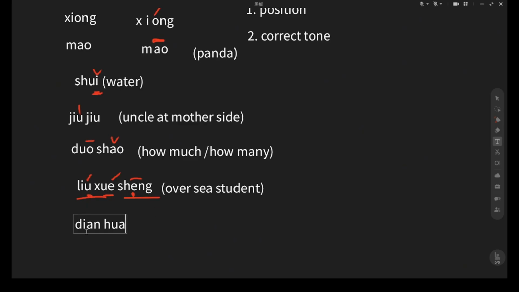So I read it with correct tone. 电话 电话. Okay, I write and mark it. You see, all on the R sound, right? R vowel, because it's in the front, right? So 电话 means telephone, okay?